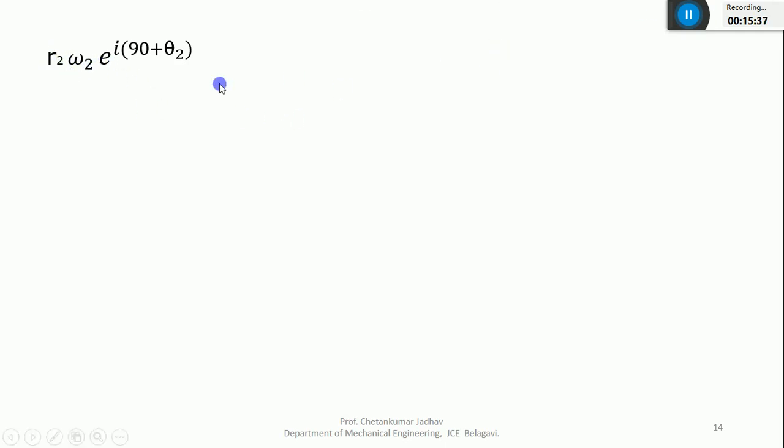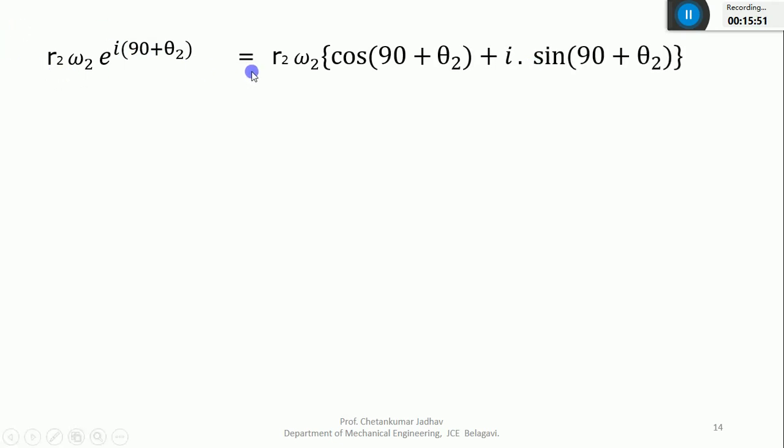Just keep R2 omega 2 as it is, and you know e raised to I 90 plus theta can be written as cos 90 plus theta 2 plus I sin 90 plus theta 2, right? So I'll keep R2 omega 2 outside. I know e raised to I theta is cos theta plus I sin theta, but here theta is nothing but 90 plus theta 2. So I can write cos 90 plus theta 2 plus I sin 90 plus theta 2.